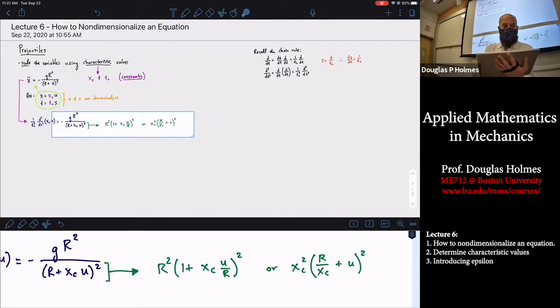We already said that. R is a length, xc is a length, so this is dimensionless, and I have a length squared out front. And likewise over here, length over length gives me dimensionless. One's obviously dimensionless, and I pulled out a length squared. These are just two ways that we could factor the denominator here.